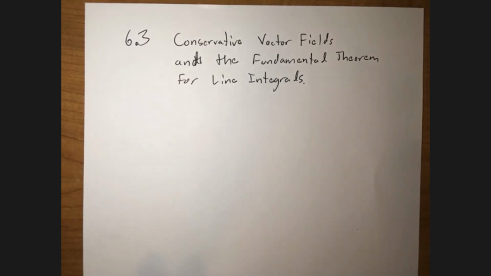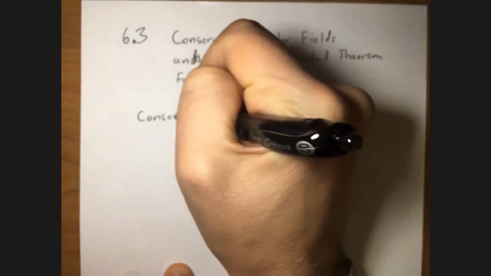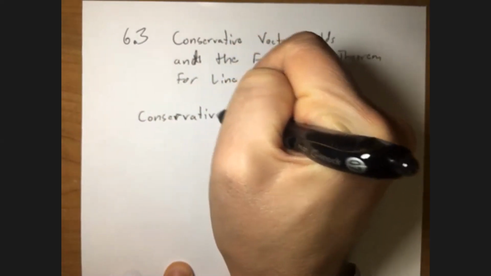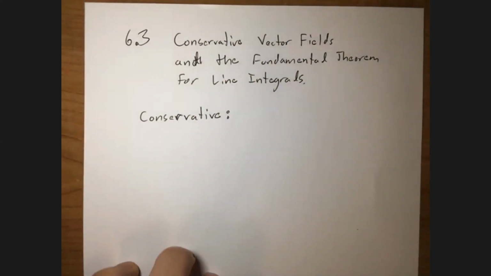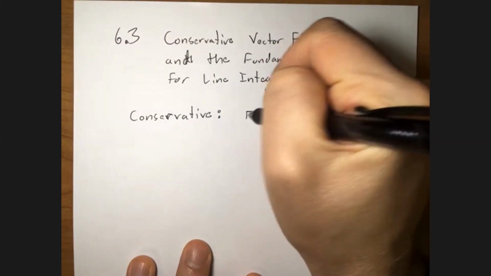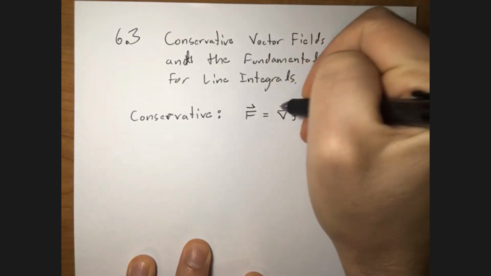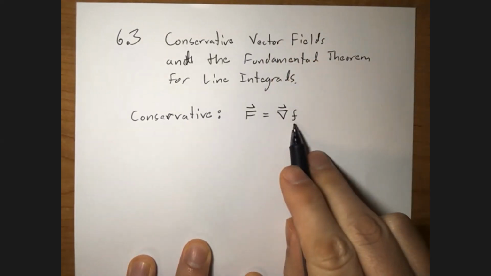All right. A vector field is conservative if it's the gradient of some function. Right? So a vector field is conservative if it's the gradient of some potential function. We call this the potential, if it exists.